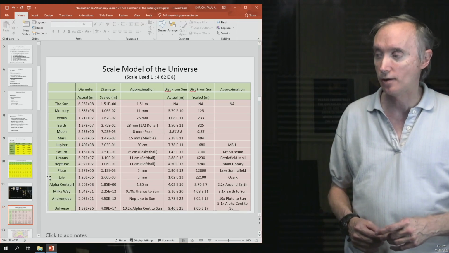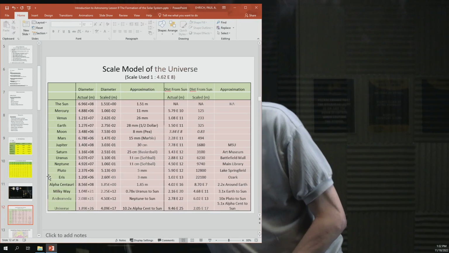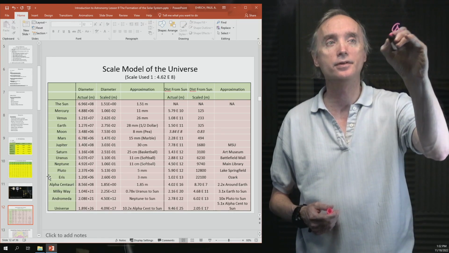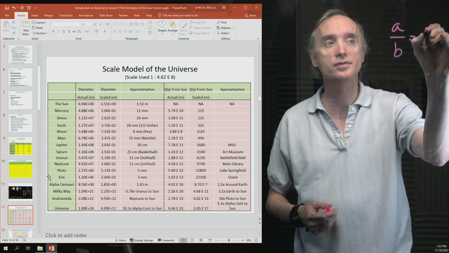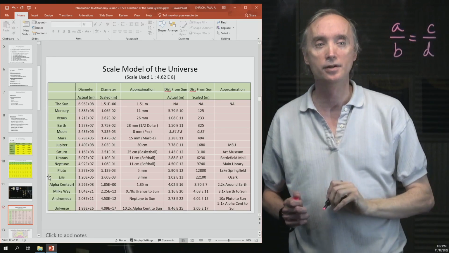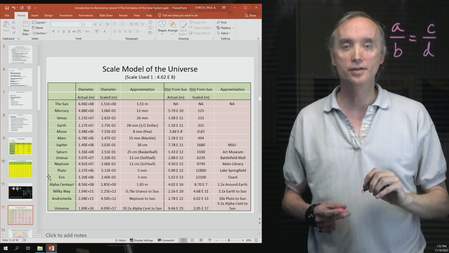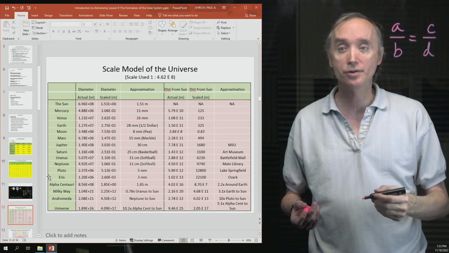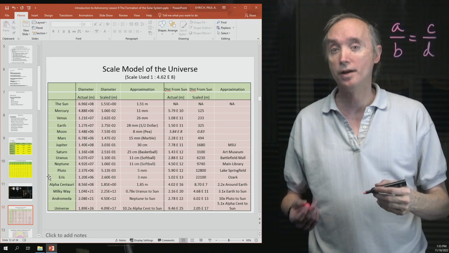And so let me show you how it works here. A proportion says that A is to B as C is to D. So what we could do is, I assumed that the diameter of the sun was 1.5 meters.